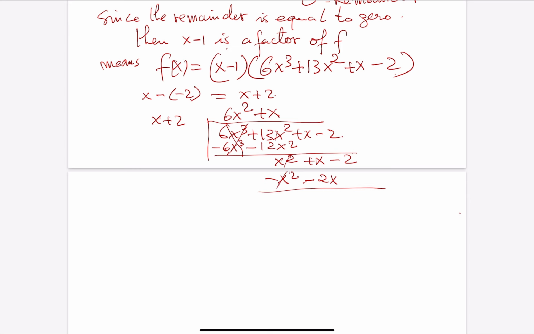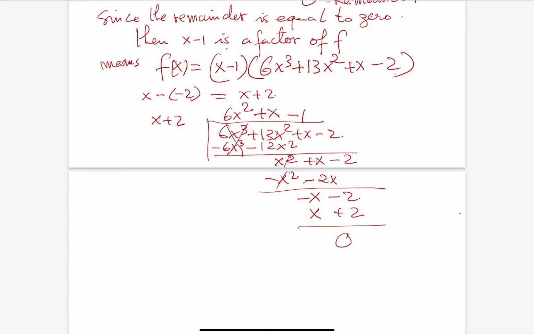And then here we have negative x minus 2. And here you have negative 1. Negative 1 times x is negative x. Opposite sign, which is positive x. Negative 1 times 2 is negative 2. Opposite sign, which is positive 2. Add them up, you have 0. Now the remainder equals 0.